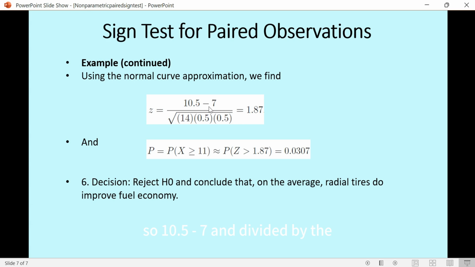We divide by the standard deviation, the square root of npq, where p is 0.5 and q equals 1 minus p. The transformed z value is 1.87.